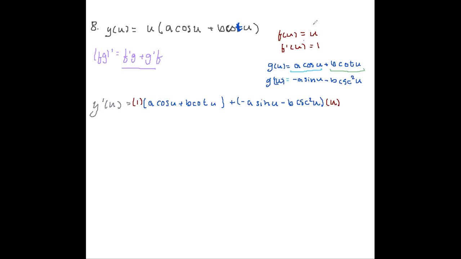So we can start simplifying this out. Call this a cosine u plus b cotangent u minus a u sine u minus b u cosecant squared u. And that would be our answer.